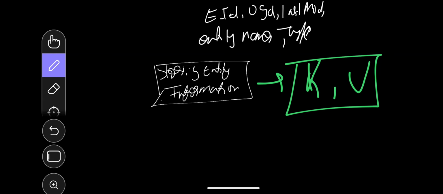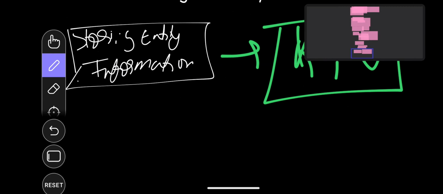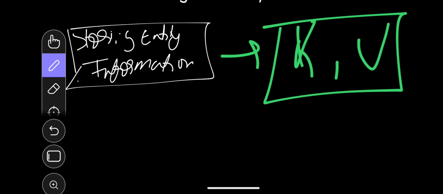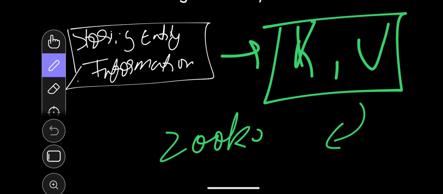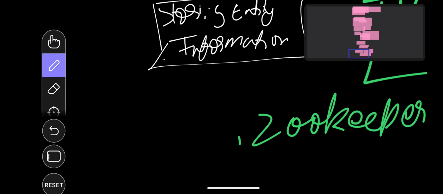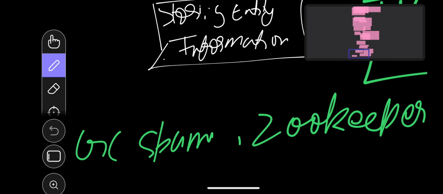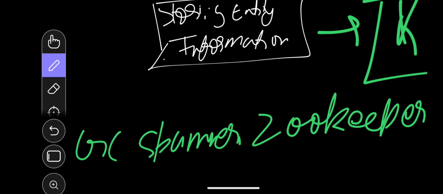Since we need highly available and data replication, for the key value store we can use a third party service like Zookeeper, or we can even use Google Cloud Spanner. We can use either of these; they give us availability guarantees as well as consistency.